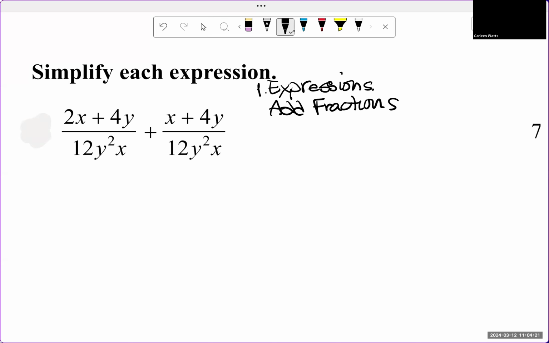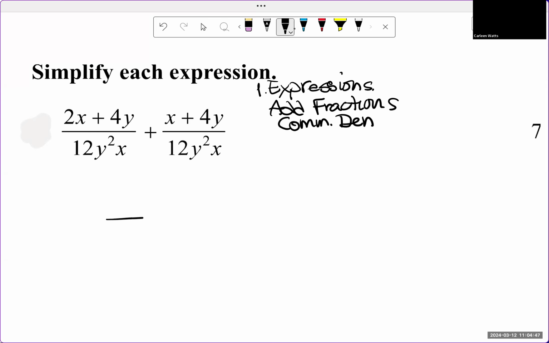Okay, so in order to add fractions, you must have the same denominator. So we must have a common denominator. Oh, yay, I have a common denominator.